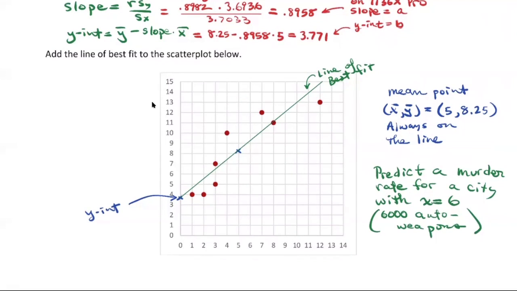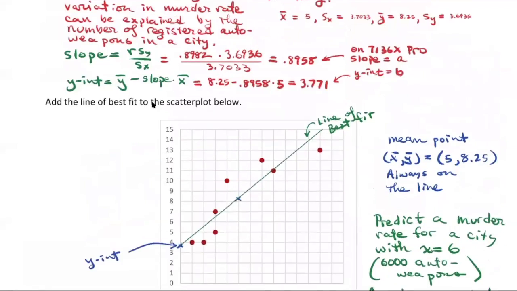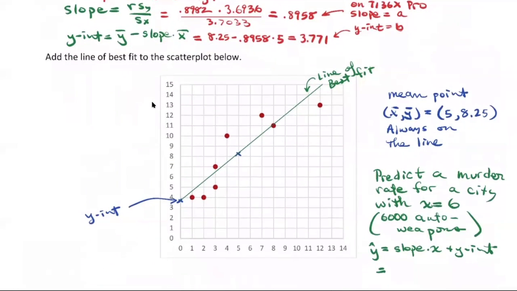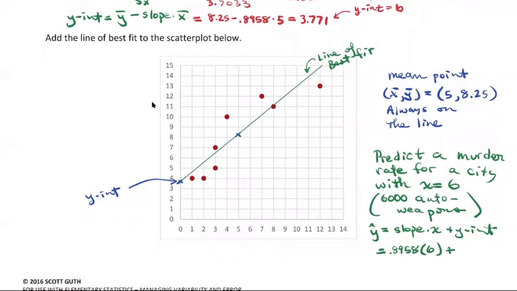Okay, so I would just do y hat equals the slope times x plus the y-intercept. So the slope was 0.8958. x I'm choosing to be 6. I've got a hypothetical city with 6,000 automatic weapons. Plus the y-intercept, which was 3.771.